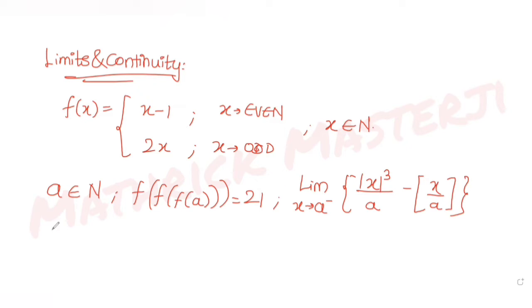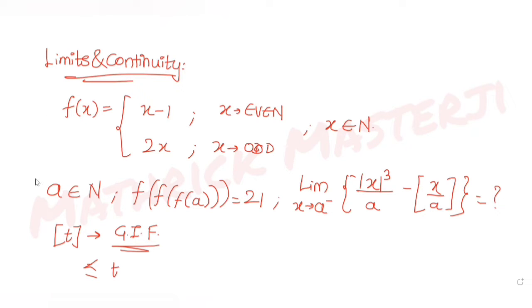The square bracket denotes the greatest integer function, so you have to take the greatest integer value which is just less than or equal to the value of t. So the question is asking us to figure out the value of this expression.